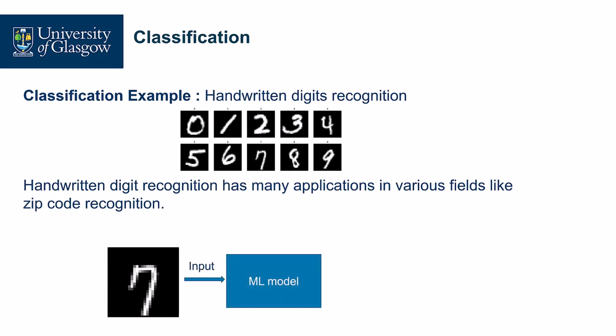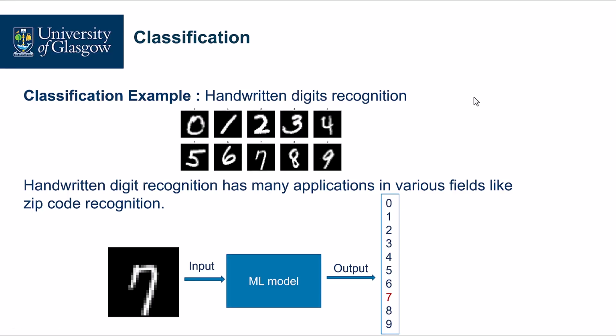Then it will tell us what I have written is a 0, 1, 2 up to 9. So these are 10 categories. Although they are numbers, they are categorical data, because we want to know which category this handwritten 7 belongs to. That's why it's a classification problem.